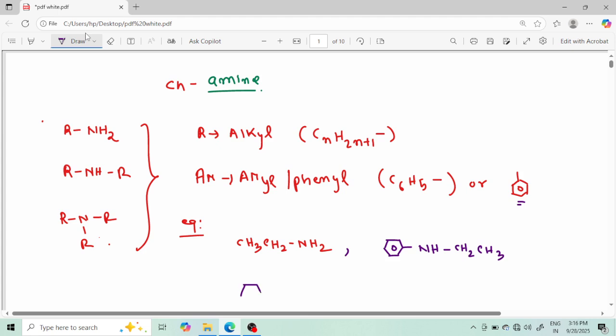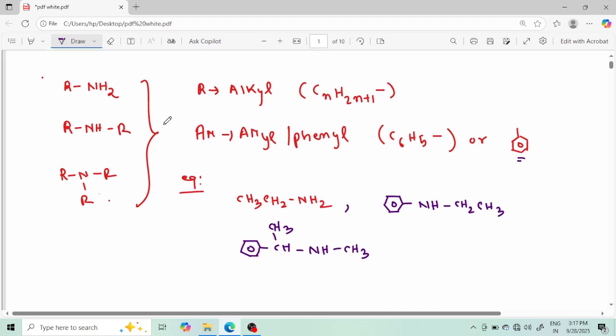Another example can be one benzene ring, then CH3, then NH and CH3. So this is also an amine compound. Basically, if any alkyl or aryl group is connected to nitrogen that has one hydrogen, two hydrogens or no hydrogen, that is an amine.